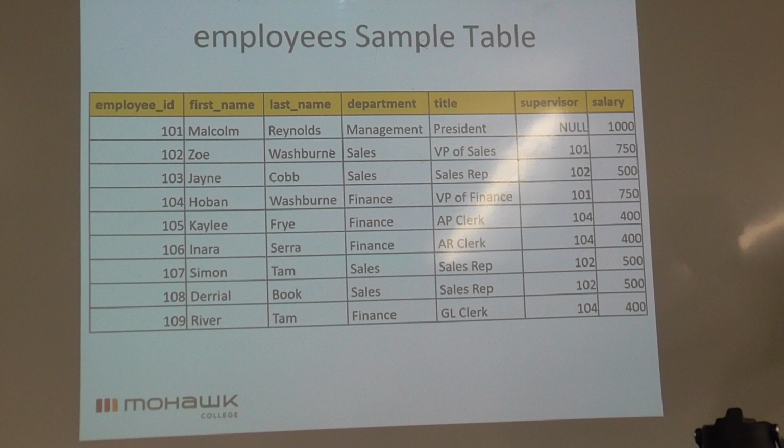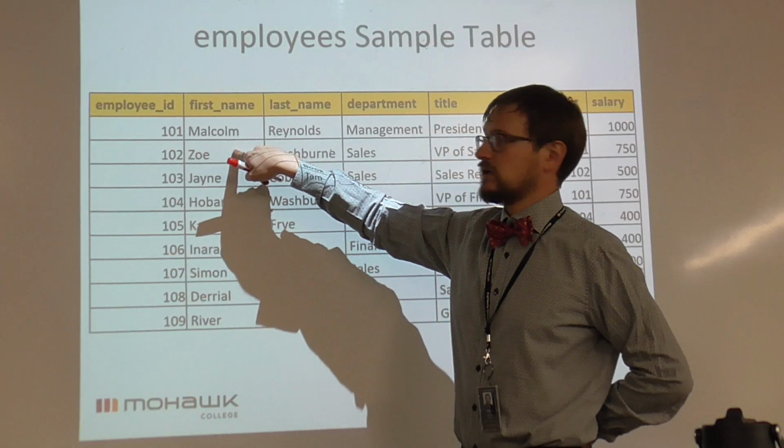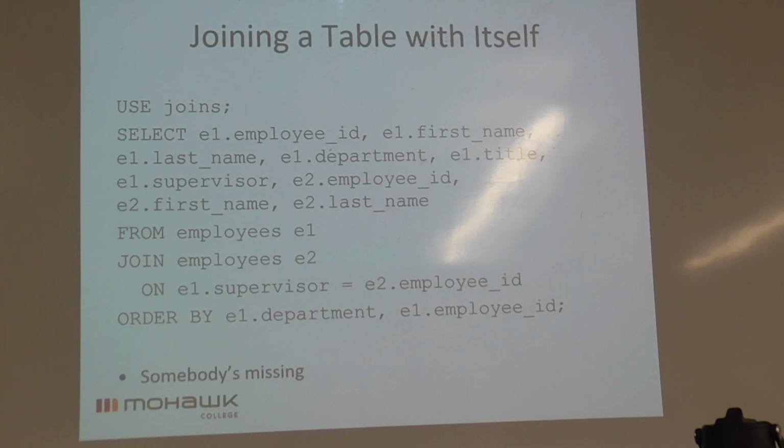Supervisor is 102, so 102 is cross-referenced to this one. Get the first name, Zoe. You see how this is working? Any questions? Good. Can we move along? Yes, hopefully.